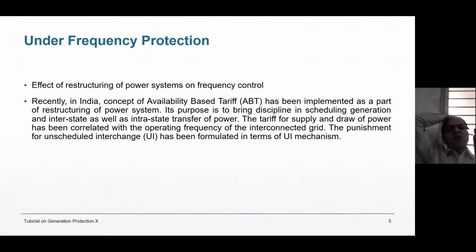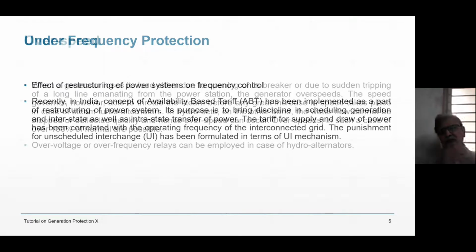If it is less than 49.8, again the alarm will be sounded, but it will be a different tone, so the sound will be different. So the person will come to know that the frequency is decreasing. And if the frequency decreases below 49.7, then it will trip. So the numerical relay manufacturers are giving the under frequency protection in 3 stages.